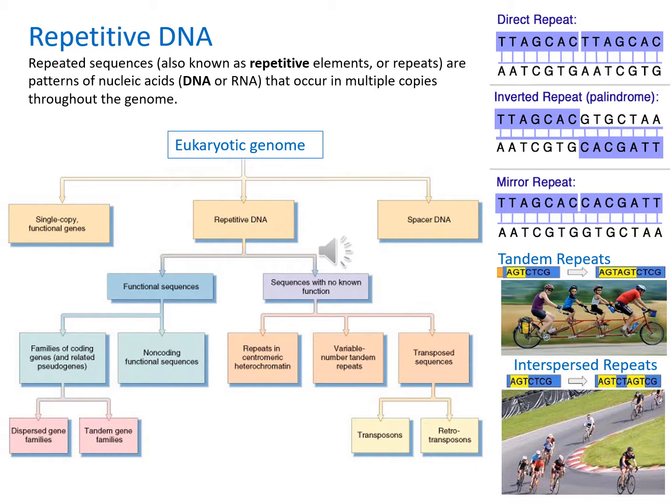Depending on the mechanisms they use to move from one place to another, there are two types: one is called transposons, the other one retrotransposons. Retrotransposons involve reverse transcriptase during the mobilization.